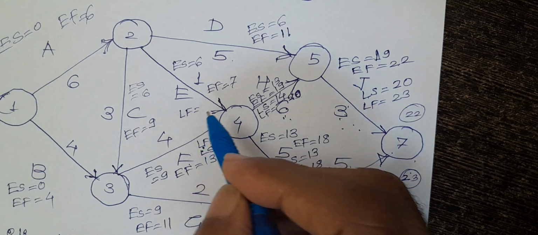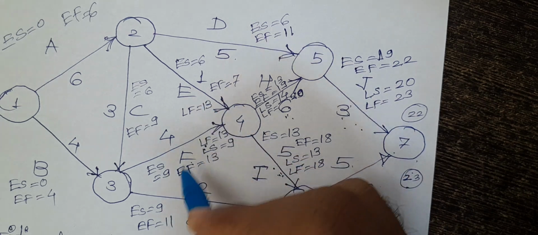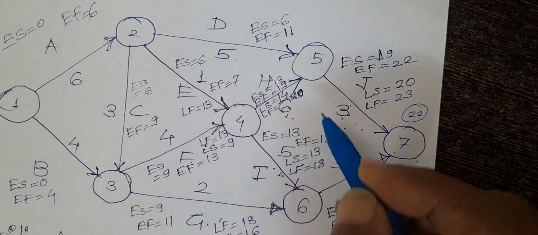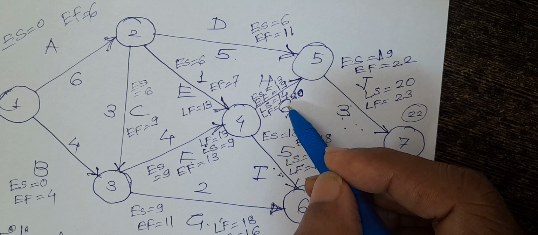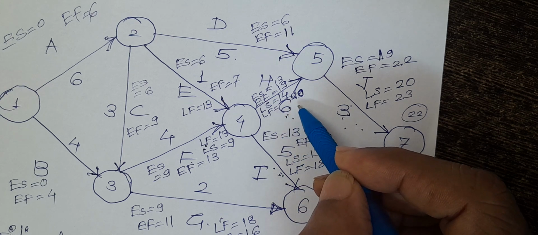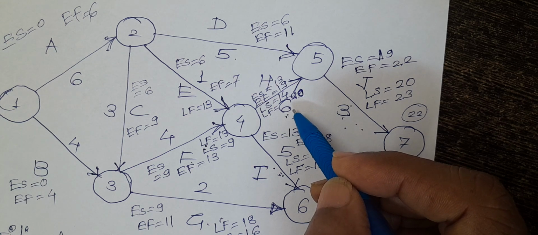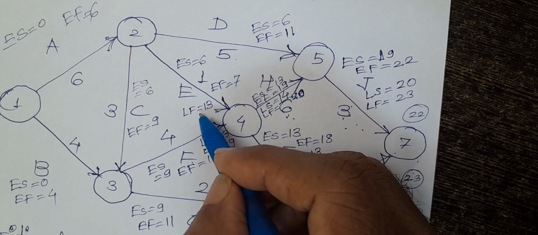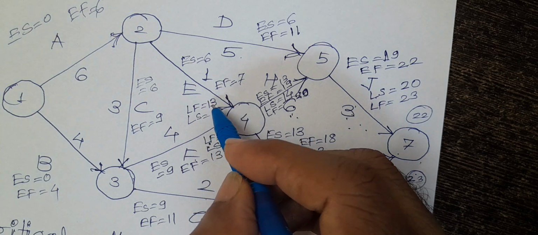The latest finish for this activity is the earliest start of this activity, 13. Okay, then what is the latest start for this activity? 13 minus 1, it is 12.